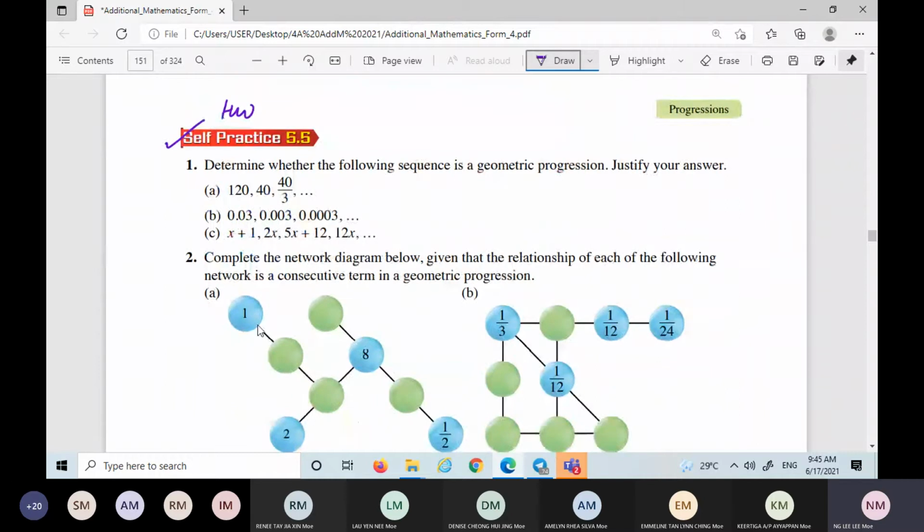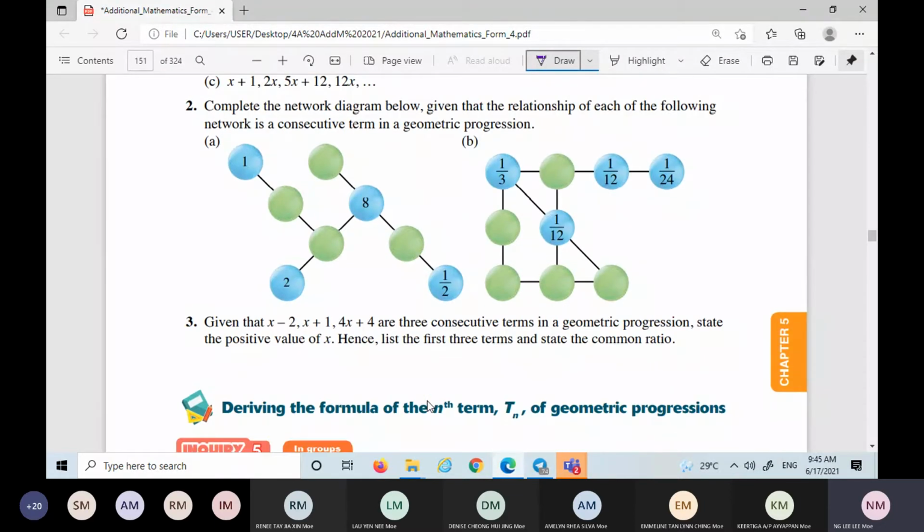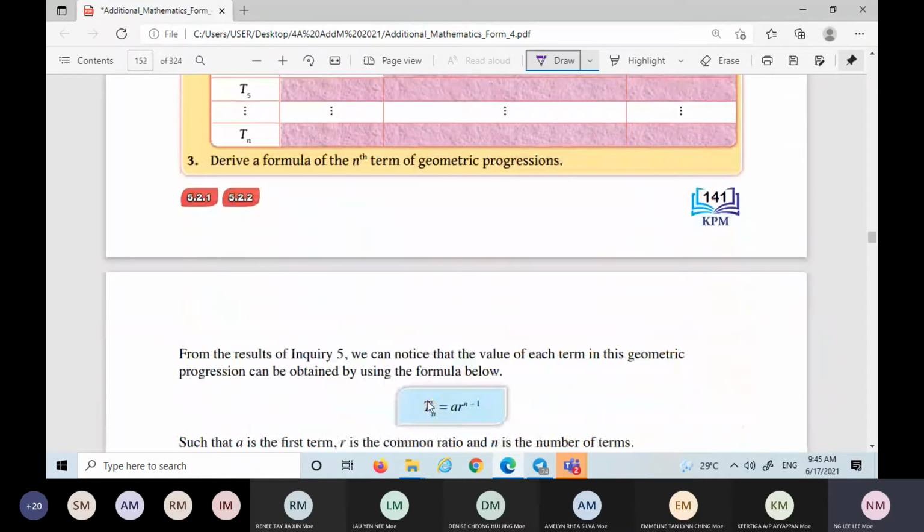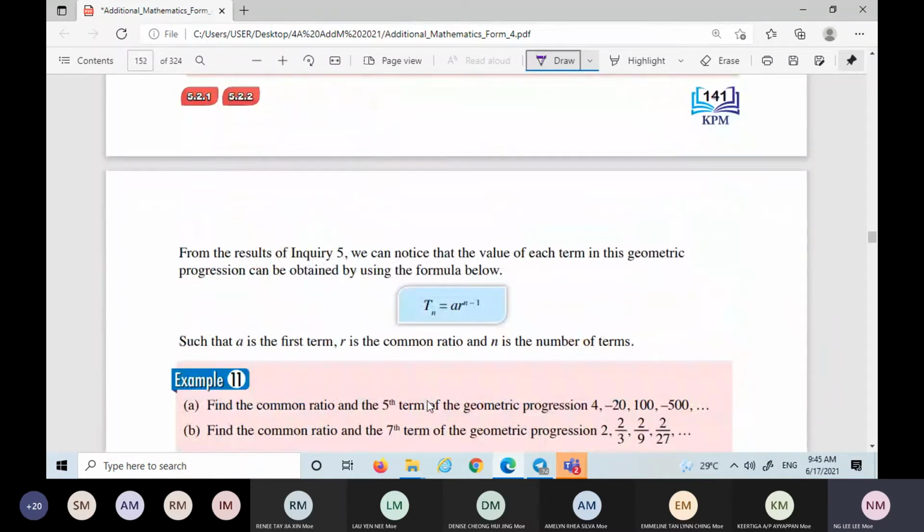This one is the same thing, just like that day, we also have this kind of question. I don't want you to derive the formula; we straight away use the formula. Same as arithmetic progression, for geometric progression we also have a formula for Tn.